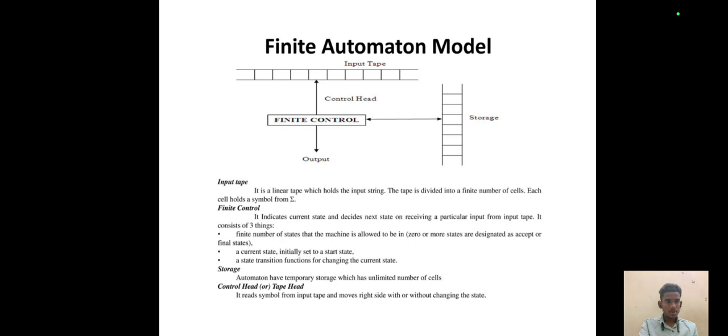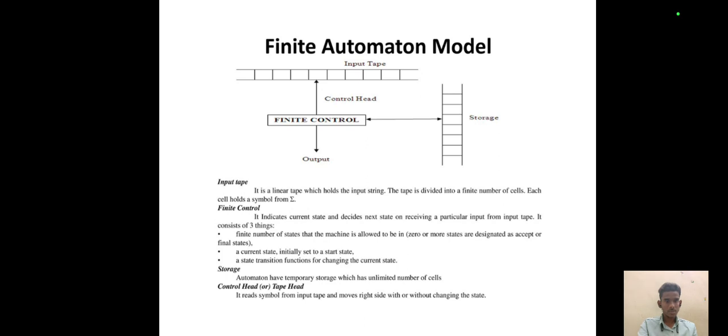The tape is divided into a finite number of cells. Each cell holds a symbol from sigma. Finite control indicates the current state and decides the next state on receiving a particular input from the input tape.